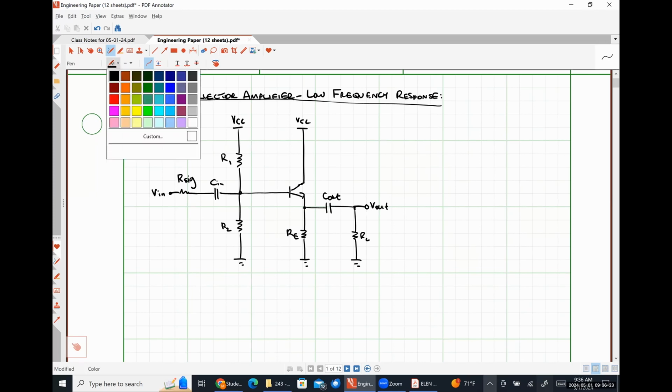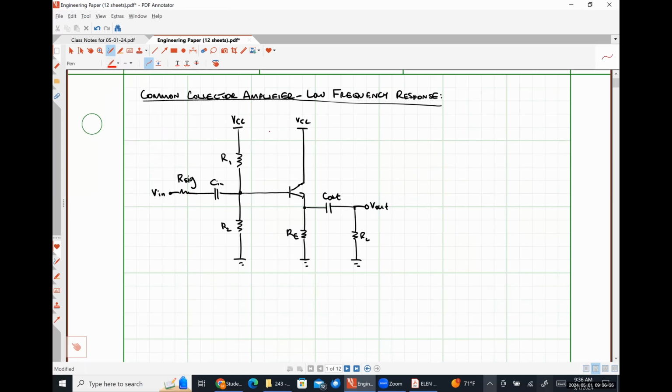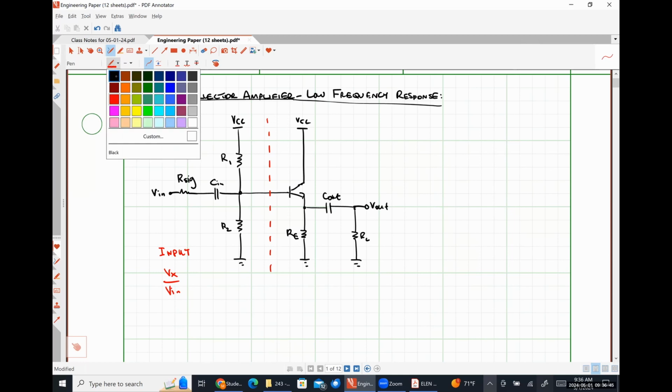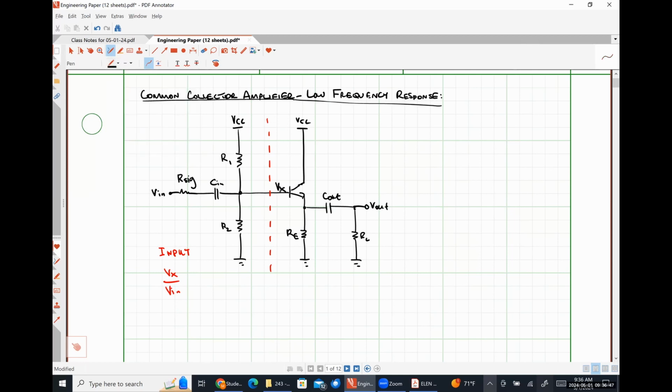So like we've done every other low frequency response, we can break this amplifier up into 3 discrete stages. So everything to the left of this dashed red line is our input stage. That's going to have a transfer function of Vx over Vin, where I'm going to put that voltage Vx here directly at the base.